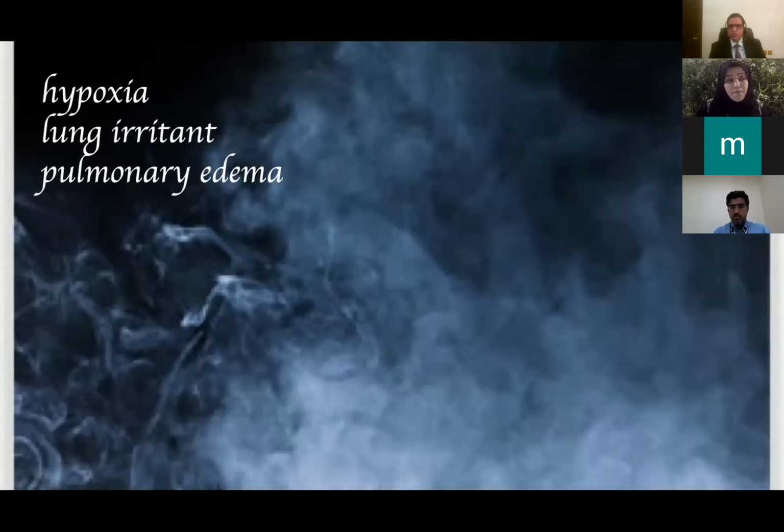And not a lot of medications do that. Aspirin does that, and some of the opioids do that too. So keep in mind, if they're hypoxic, either a gas or a late presentation.